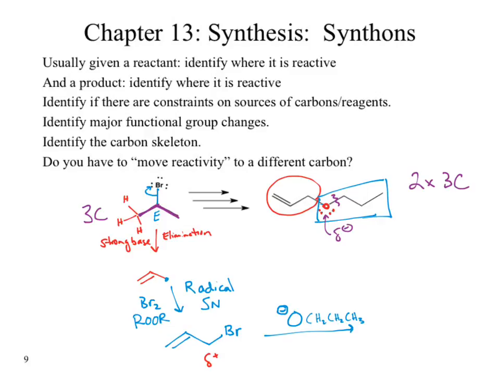I've now added a negatively charged reagent. This is a big no-no. When dealing with synthesis, you have to be working with neutral reagents. So how can I make sure that this negatively charged species maintains that negative charge without showing a negative charge? Make it an ionic bond.